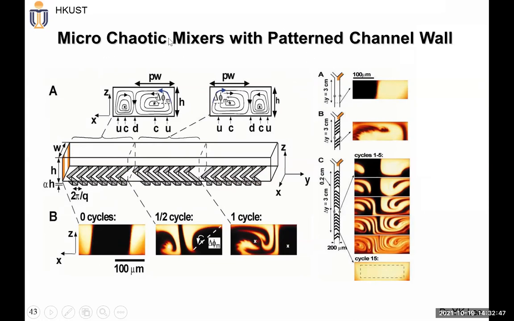So 20 years ago, I tried to create a model for the microchaotic mixer, with simulation and experiment. I demonstrated the existence of chaos in the microchaotic mixer. This actually turned out to be non-trivial.